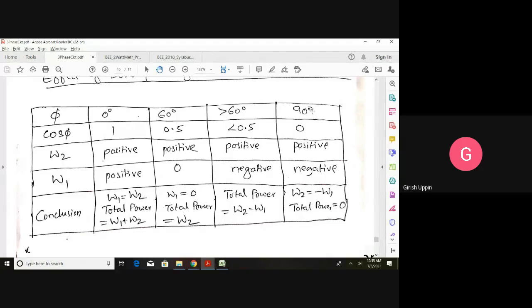And if the angle is 90 degrees, W1 is negative but exactly the same magnitude as the W2 reading. W2 is equal to minus W1. What would be the total power? 0. That is very imperative, because whenever we have pure capacitance or pure inductance, the power consumed is 0. So total power 0. We'll solve some problems based on this concept.